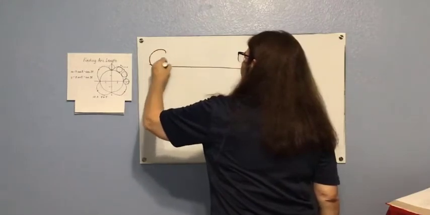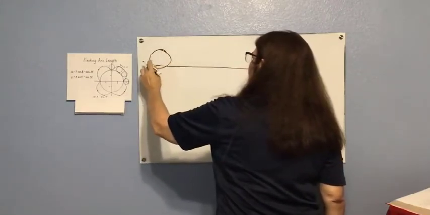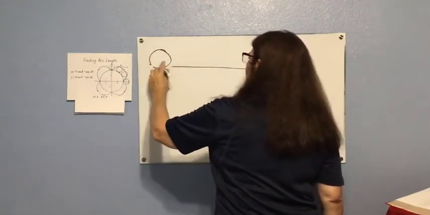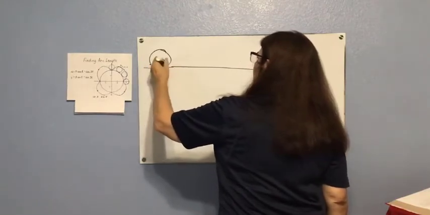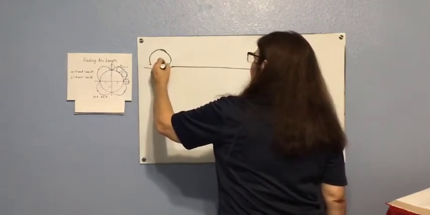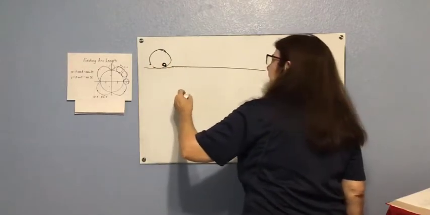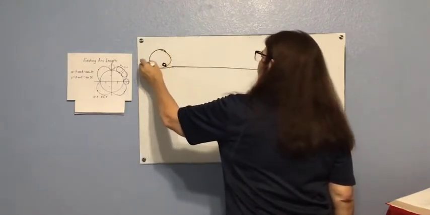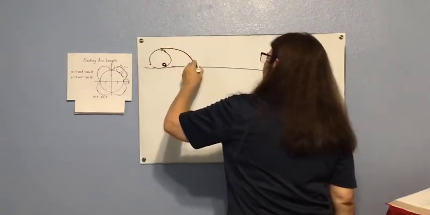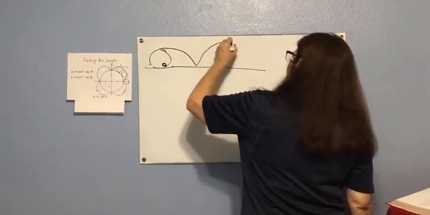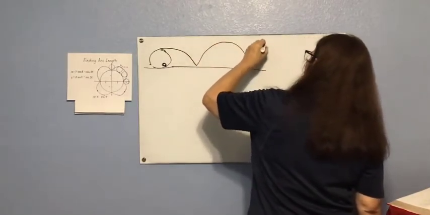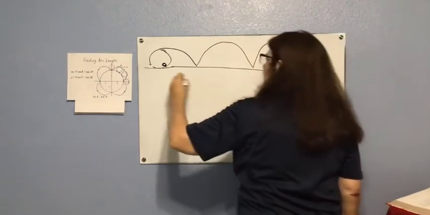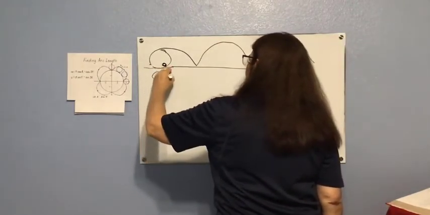If I have a wheel that's running down a straight road, and there's some reflector or light or something like that on the wheel, as it goes down the road, we see that light make a pattern like this. And this is called a cycloid.